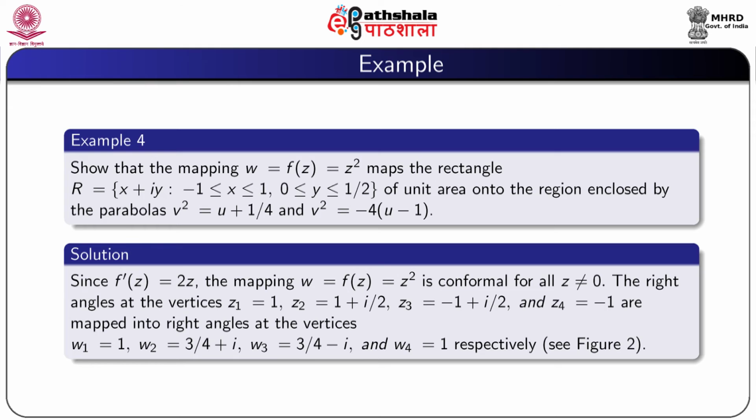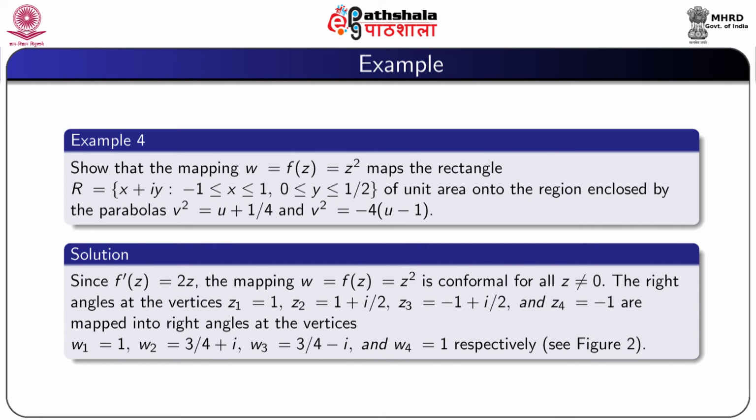The right angles at the vertices z1 equal to 1, z2 equal to 1 plus i by 2, z3 equal to minus 1 plus i by 2 and z4 equal to minus 1 are mapped into right angles at the vertices w1 equal to 1, w2 equal to 3 by 4 plus i, w3 equal to 3 by 4 minus i and w4 equal to 1 respectively.